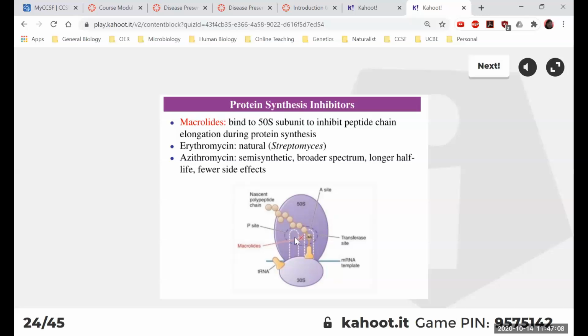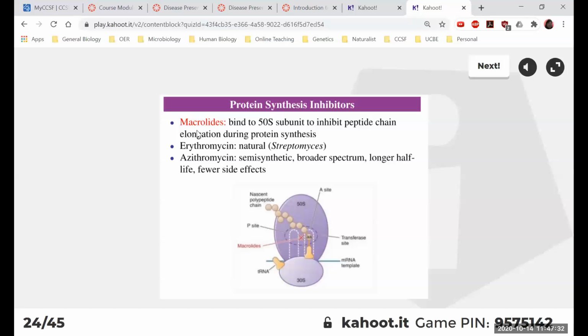So when macrolides bind to the ribosome, it literally prevents peptide bond formation between the incoming amino acid and the previous polypeptide. So it also causes premature termination of protein synthesis, and you end up synthesizing proteins that are maybe only halfway, or only have a few amino acids.